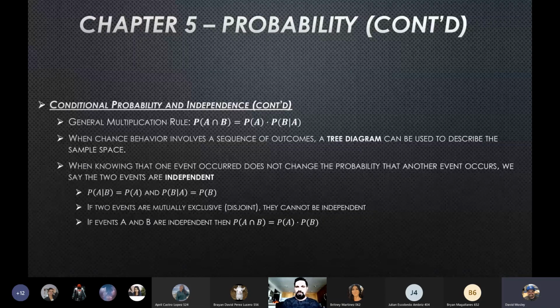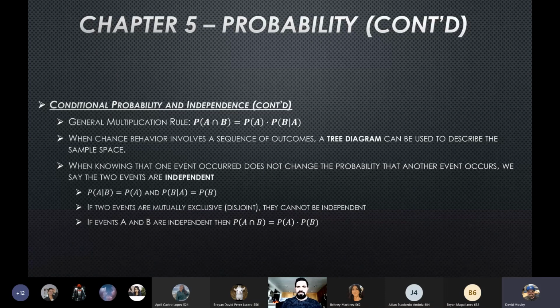When knowing that one event occurred does not change the probability that another event occurs, we say the two events are independent. When we have two independent events, the probability of A given B is equal to the probability of A, and the probability of B given A is equal to probability of B. If two events are mutually exclusive or disjoint, they cannot be independent.